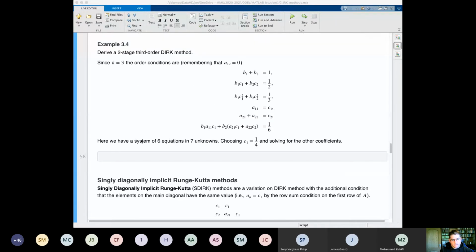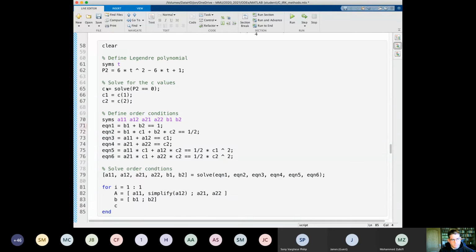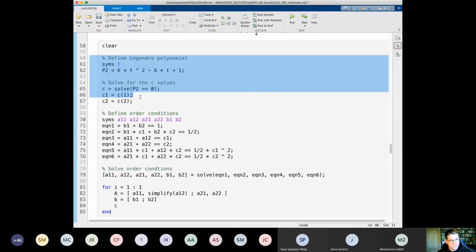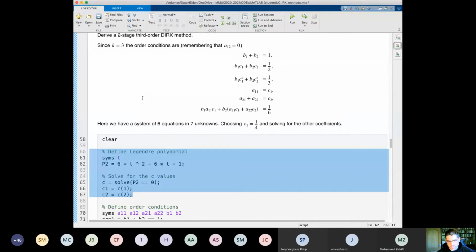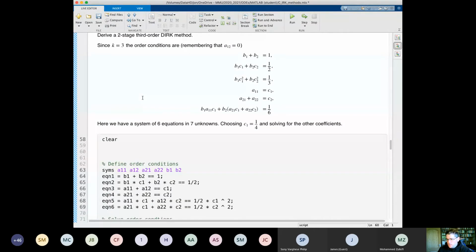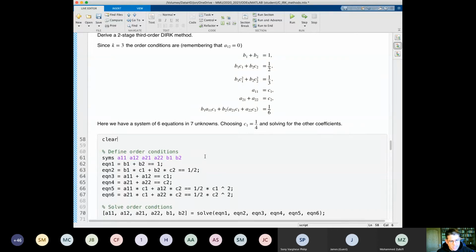Right, so here we have a system of 6 equations, 7 unknowns. So we need to solve for these. If I can copy in what I've done before to a certain extent. I'm not going to have my Legendre polynomial. I need to solve for C1 and C2 in my solution.